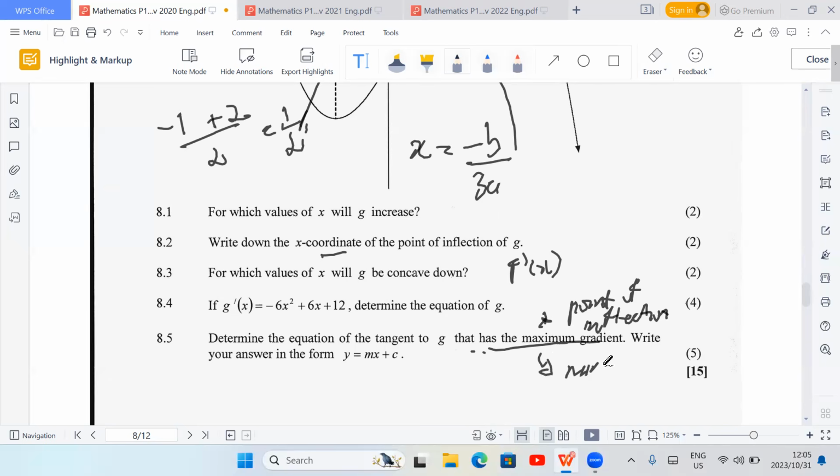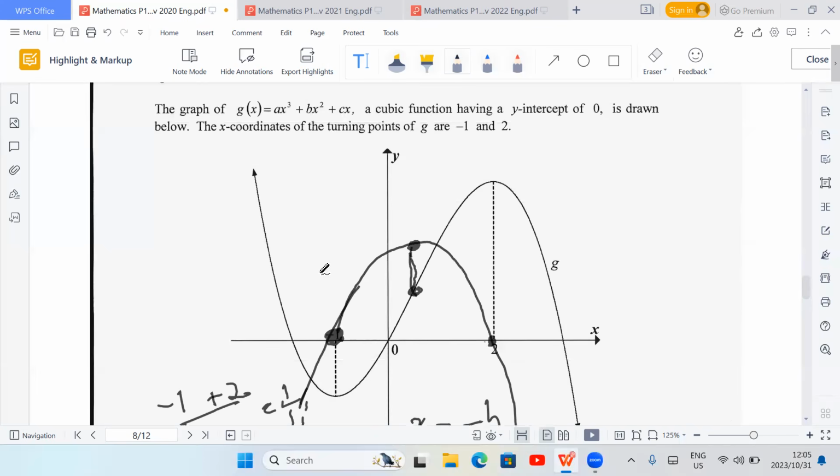Also, the minimum gradient can occur at the point of inflection, right? So it's based on what type of graph you have. If you have a graph where a is less than 0, then you'll have a maximum point. But if your graph has a greater than 0, then you'll have a minimum point, right?